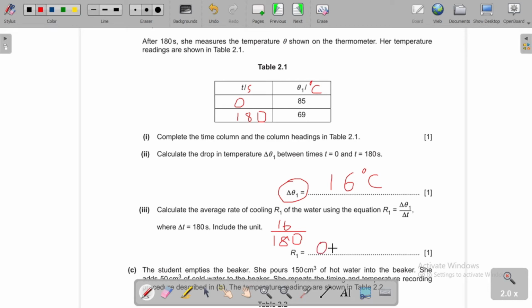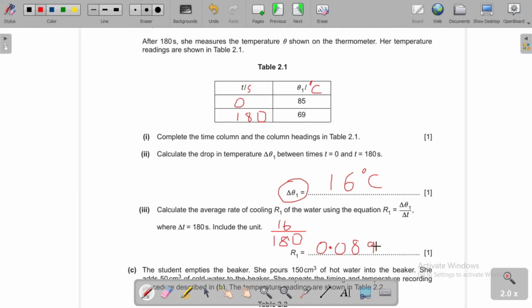0.089. I've done this to two significant figures.